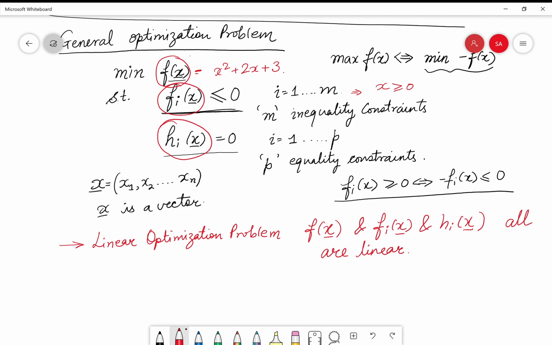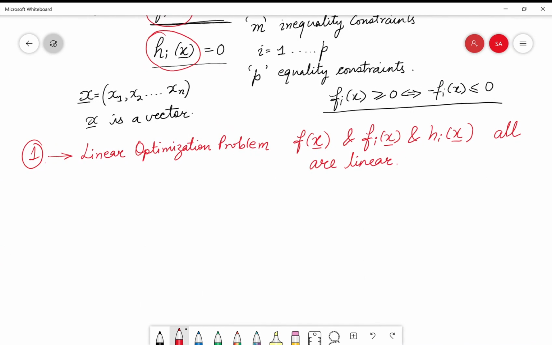Now, how do you prove a function to be linear? Suppose f of alpha x plus beta y equals alpha times f of x plus beta times f of y, then the function is said to be linear.